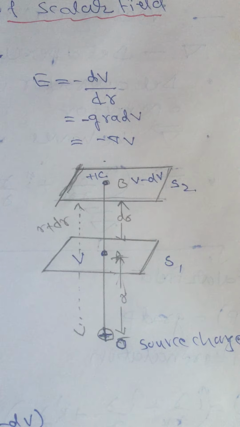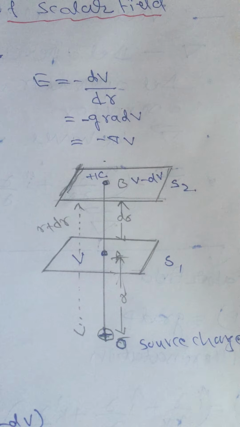As you know, potential means nothing but work done. So electric potential means the amount of work done in bringing a unit positive charge from infinity to that point. Suppose we consider the potential difference between these two surfaces, S1 and S2.